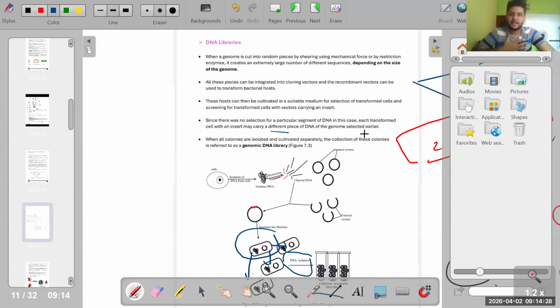Now, I am the examiner. I am asking a question. Why are the transformed host cells of the DNA library genetically non-identical to each other?